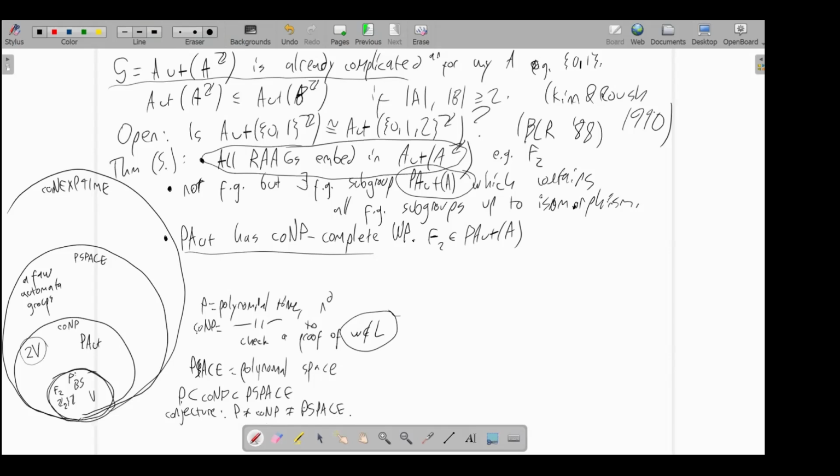There are these ways to classify the complicatedness of word problems, and this POUT is in co-NP and even co-NP complete, so it's probably not in P. Maybe I should explain. The word complete here means that if P equals co-NP, then of course POUT will have its language in P. But when I say that it's complete, it means that if P is not equal to co-NP, then POUT is not in P. So complete means that you are on the boundary here.